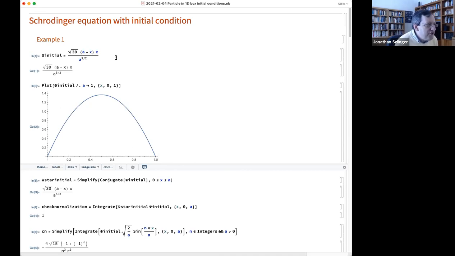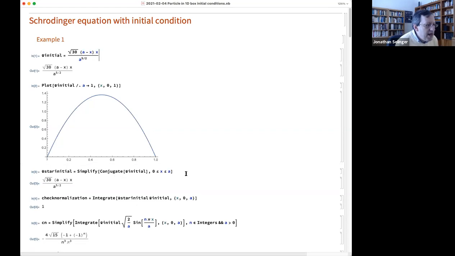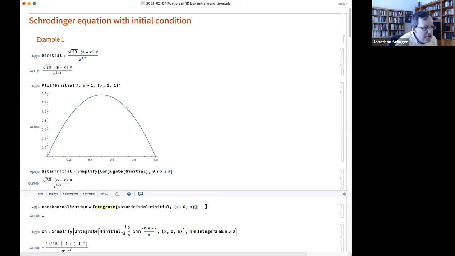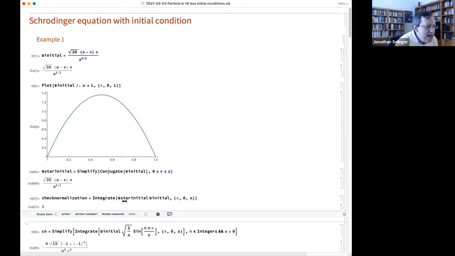I have this psi, and I have the complex conjugate of that psi right here. That's the same thing as psi because it's real. I can check the normalization by integrating the product of psi star times psi for x goes from 0 to a. And that is indeed equal to 1. So that's a check. I didn't make a mistake when I was normalizing it.